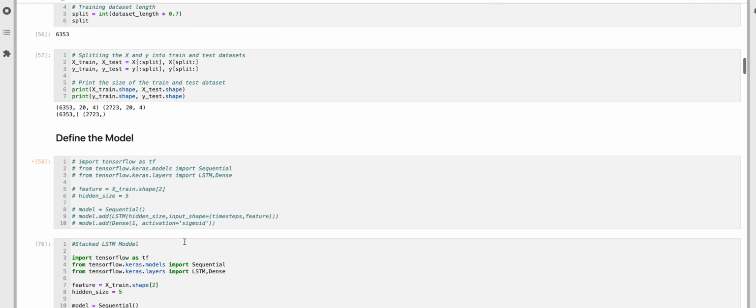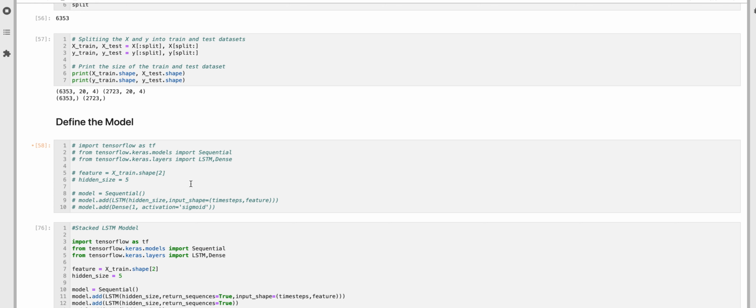Next, we define our LSTM model. You can use a very simple 1-layer LSTM followed by a dense layer with 1 unit of sigmoid, and that will produce an output from 0 to 1.